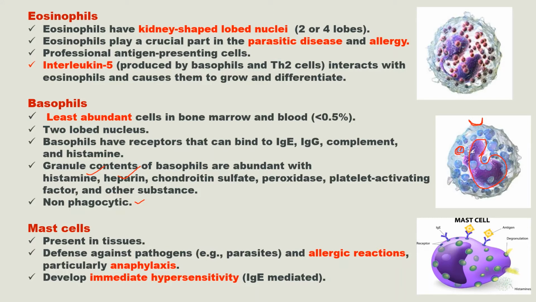So, mast cells play a major role in immediate hypersensitivity. Immediate hypersensitivity is also called type 1 hypersensitivity. This is an IgE mediated hypersensitivity that will release histamine-like chemicals from mast cells and basophils.